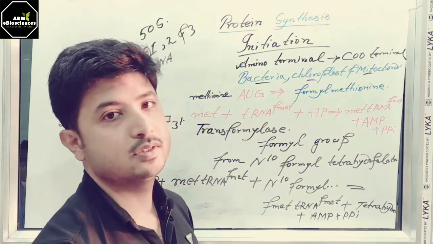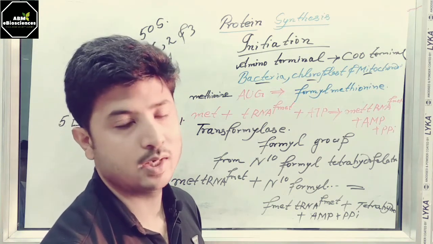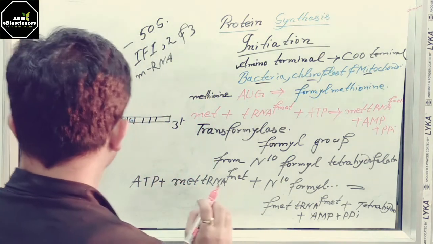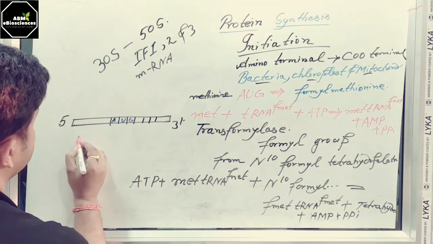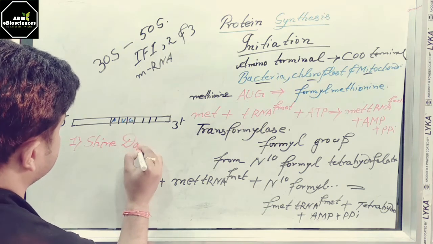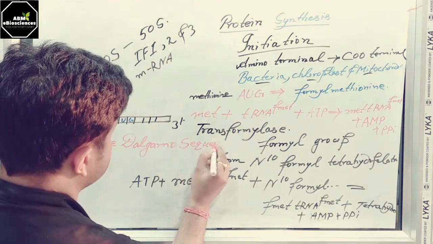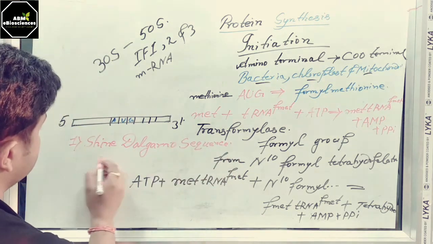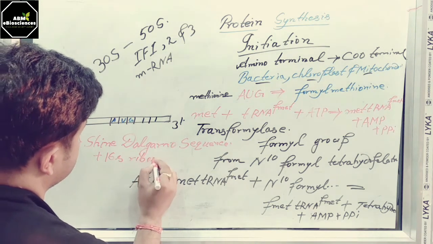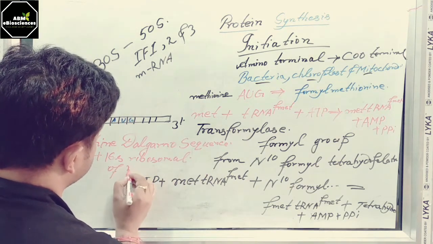Because the mRNA, suppose, is of 200 or 300 nucleotides, but where it has to bind is signified by two factors: one is the Shine-Dalgarno sequence, and the second one is the 16S ribosomal RNA, part of the 30S ribosome.